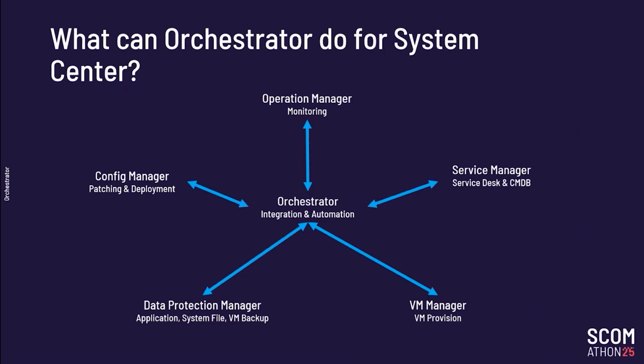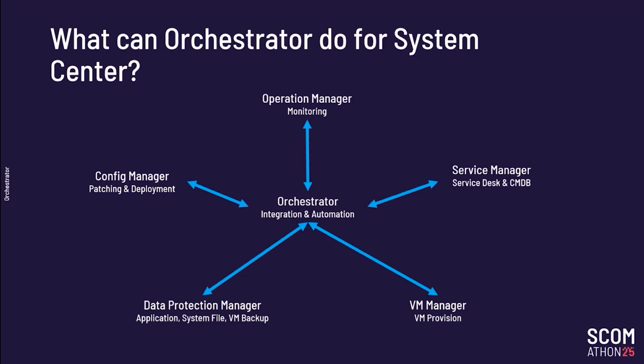So Orchestrator has what are called integration packs for Operations Manager, Service Manager, Virtual Machine Manager, Config Manager, and Data Protection Manager, and they're bi-directional, so we can actually pass information from one tool to another to actually drive and automate end-to-end processes. So from an Operations Manager point of view, we can pick up alerts at Operations Manager and allow them to integrate into other tools.